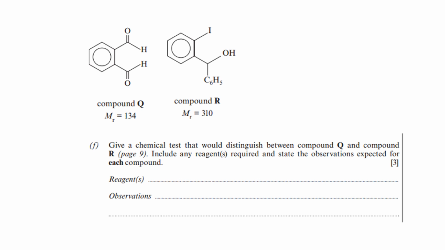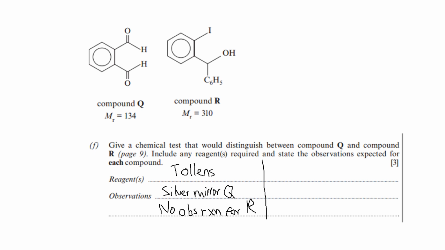So really, something that will give a positive test for an aldehyde is probably the best route to go with this. So you could go with Tollens. Tollens reagent, that's a pretty good way to go. So Tollens would give a silver mirror for Q. And then no observable reaction for R. Or if you don't have any Tollens to hand, you could use Fehling's reagent.